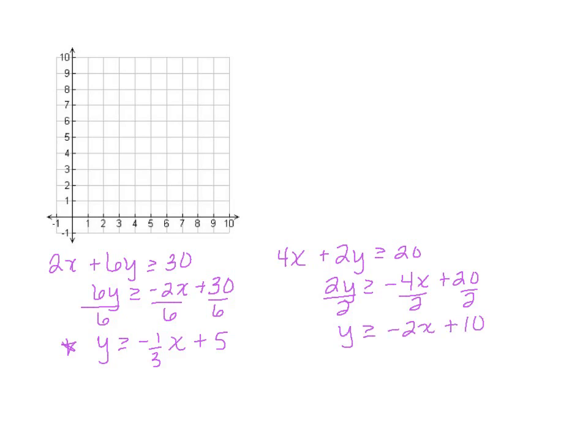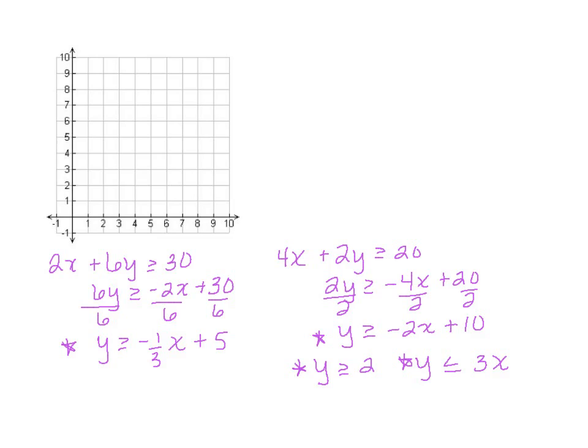We also had the constriction of y is greater than or equal to 2 and y is less than or equal to 3x. So we have 4 items that we need to graph. Our y-intercepts are pretty small, so we'll leave our scale the same. Okay, so let's start with y is greater than or equal to negative 1/3 x plus 5.